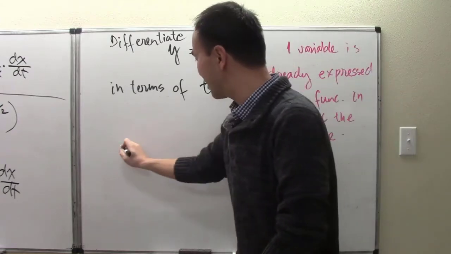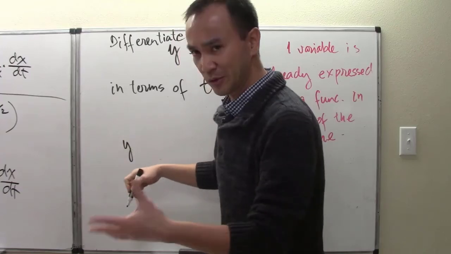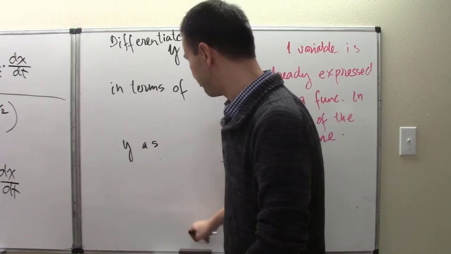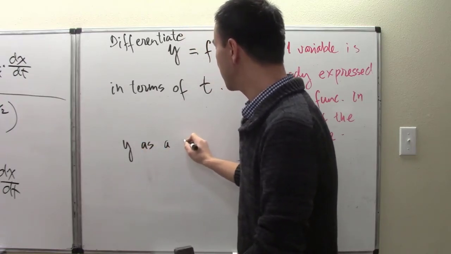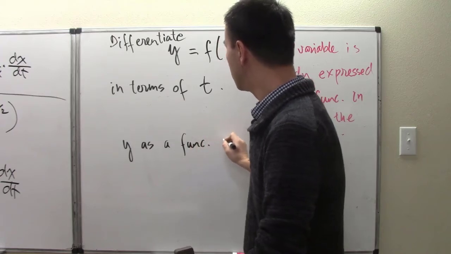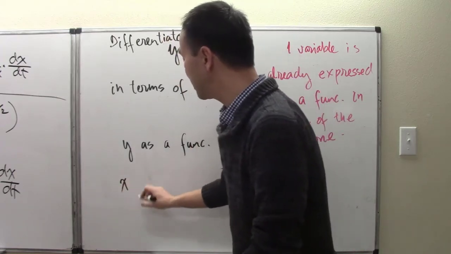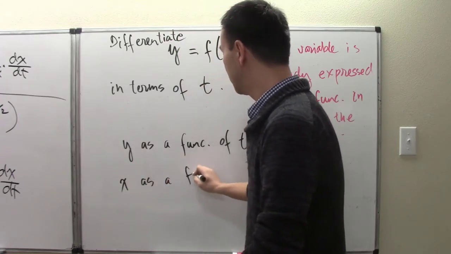So now, when we're doing that, the usual work, according to what we usually understand, is that we want to see y as a function of t, of course, and further we want to see x as a function of t.